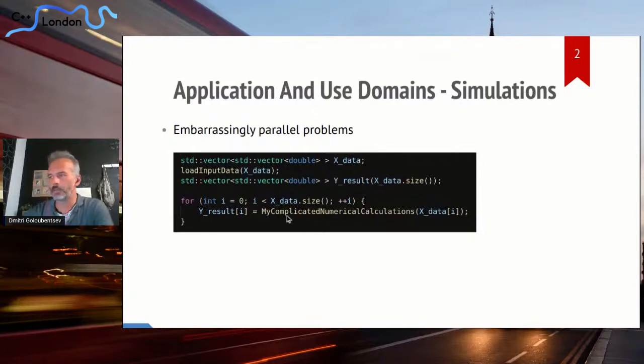Now here is my complicated numerical calculation. This function represents something really big in your C++ object-oriented code, right? It may call various objects, use various object abstractions, do lots of nicety and optimized stuff, perhaps.